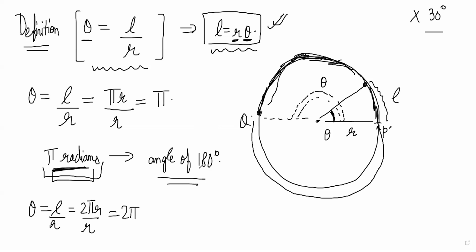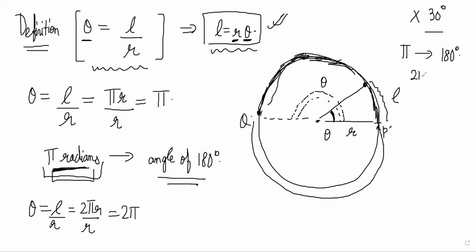Most of the time in trigonometry and in 11th and 12th maths, you will be using the radian measure for angles, mostly radians. And it is actually pretty simple. You just have to remember that pi radian is equal to 180 degrees.